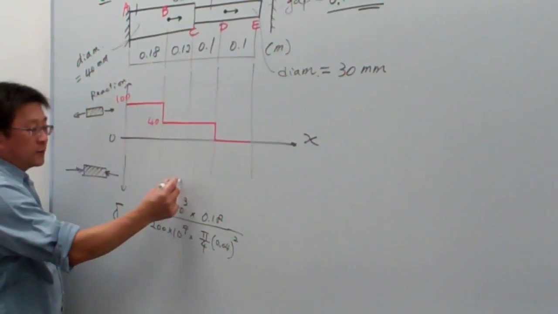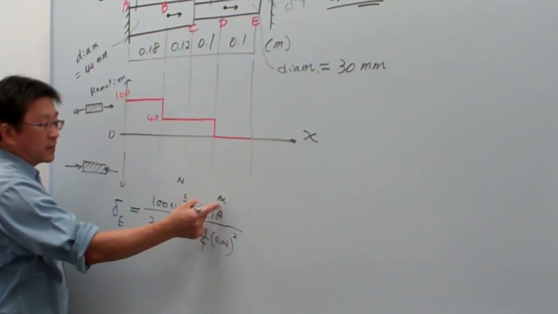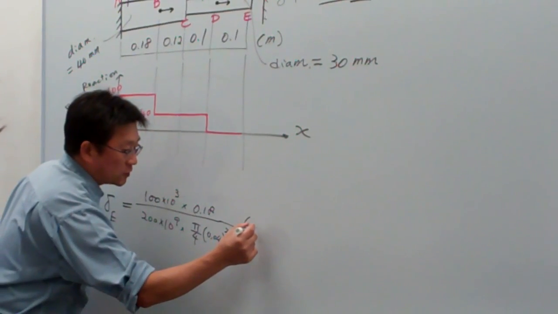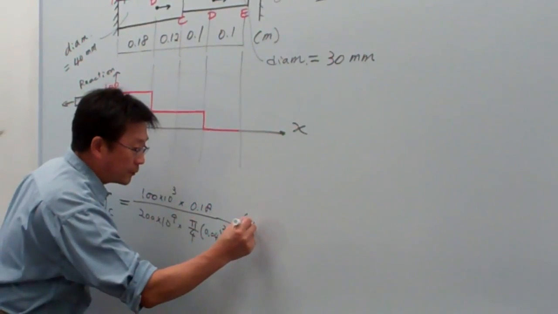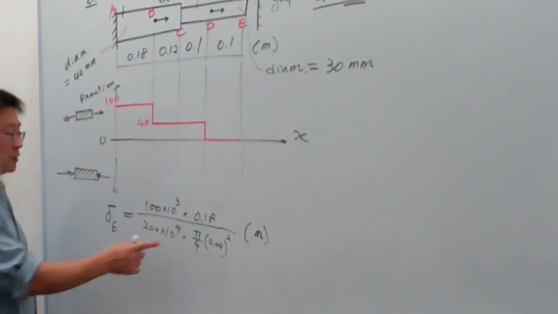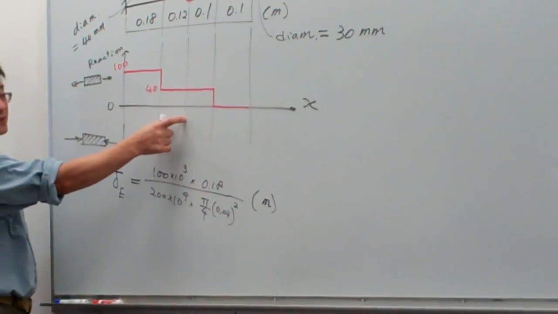Because I have converted the force to newtons and the length to meters, the result should be in meters. That is the first segment, and we move on to the second one.